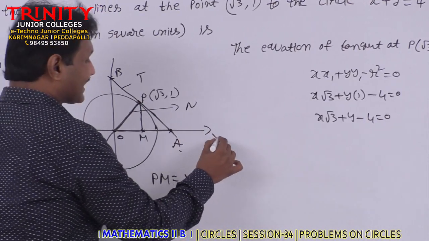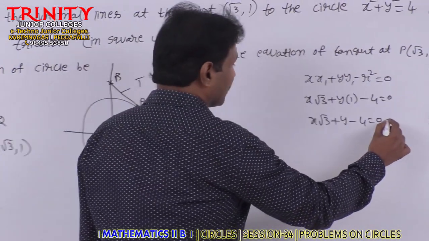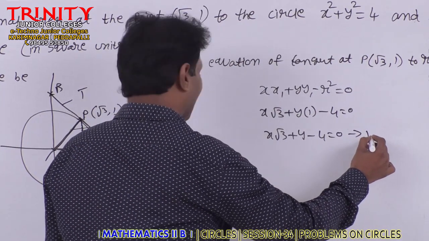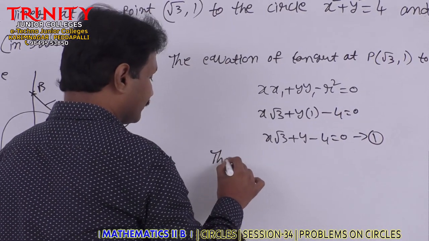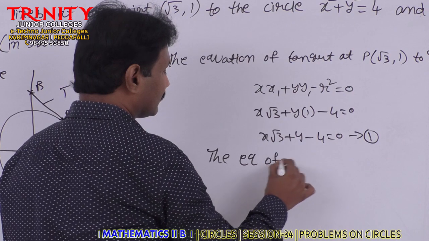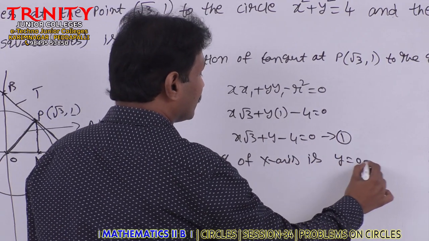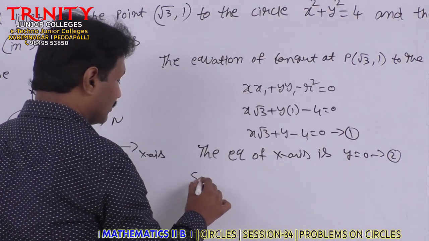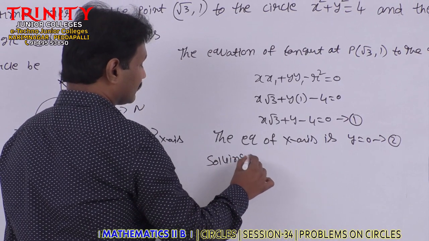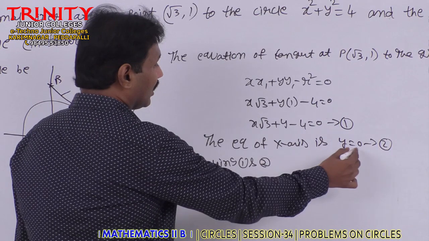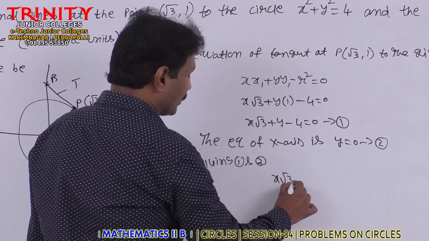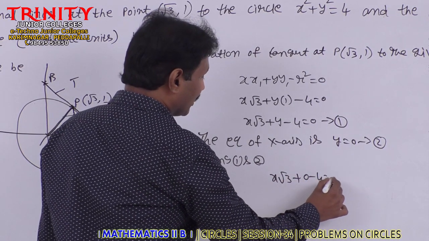This is equation 1. The equation of the x-axis is y equal to 0, equation 2. Solving 1 and 2: replace y equal to 0, x into root 3 plus 0 minus 4 equal to 0.